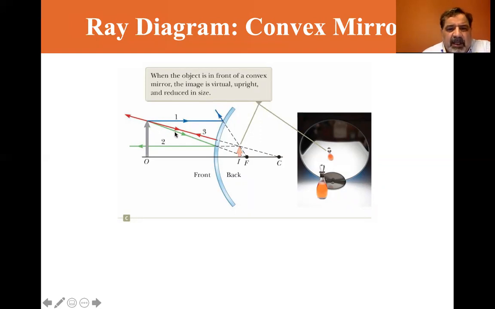And here's the green ray through the focal point and back away, but it hits the surface and is reflected. And then the third one is basically normal to the mirror, and it goes through the center of curvature. And it's always reduced. Here's a little backup mirror, and it's convex, and so it shows everything small.